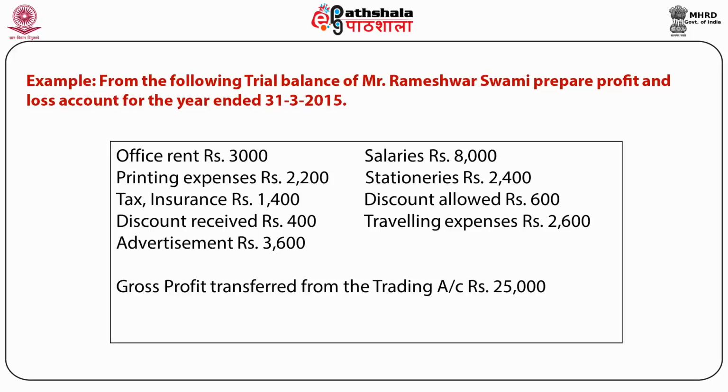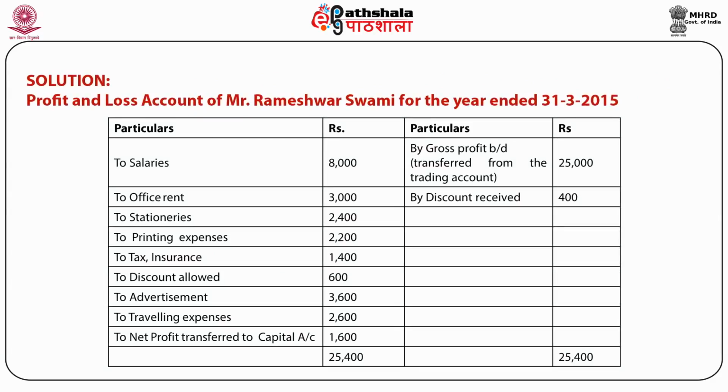Now, first of all, we have to identify the items of income and expenditure. And there is no item of income except gross profit. The profit and loss account for the year ended 31st March 2015 is disclosed in this picture.